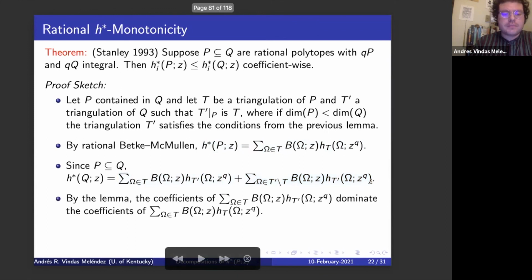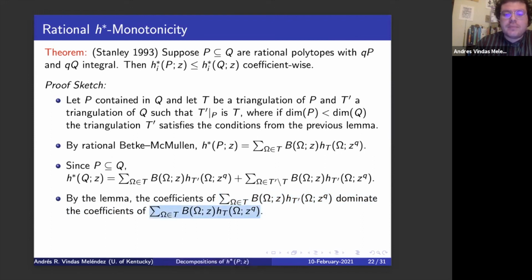Okay. By the previous lemma, the monotonicity of the H polynomials, now I can say that this part here should dominate the coefficients coming from just the relevant stuff in P. Okay.